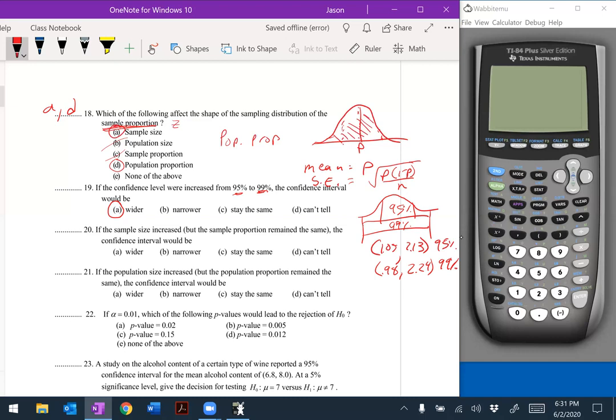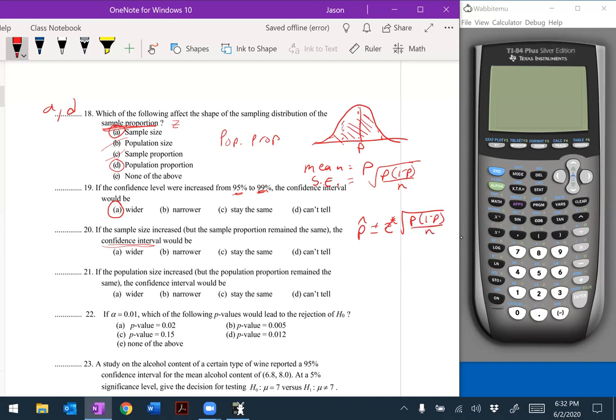If the sample size increased, but the sample proportion remained the same, the confidence interval would do what? Well, what's the confidence interval formula? It's p hat plus or minus z star times the square root of p hat times 1 minus p hat all over n.